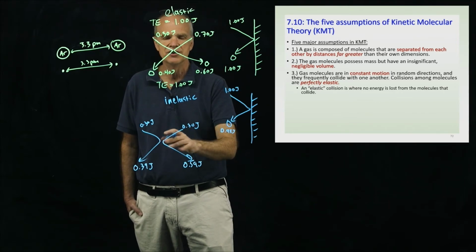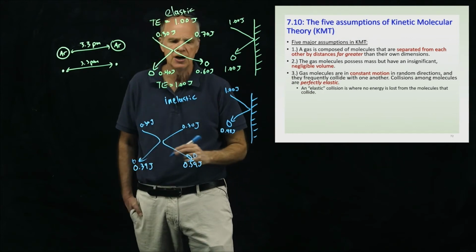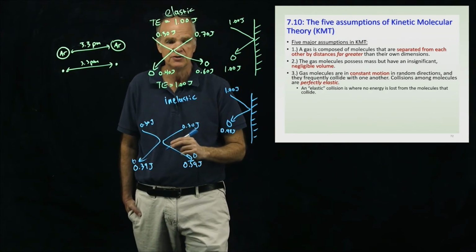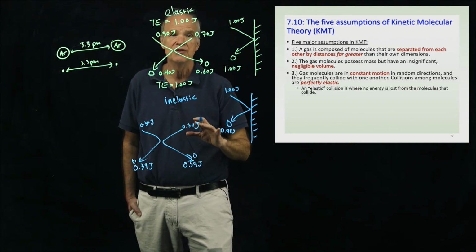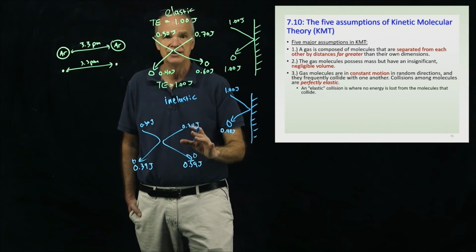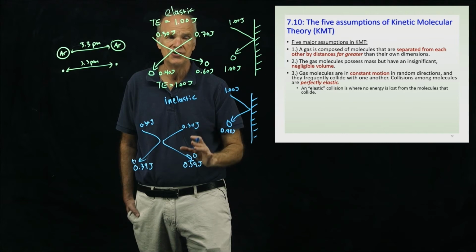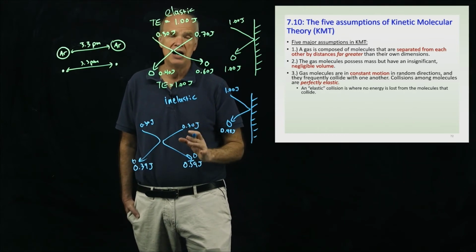So you might wonder, if these molecules are striking and they're losing a little bit of energy, where is this energy going? The energy is thought to maybe leave the velocity part of the molecule and then enter into other kinds of places in the molecule. For example, that energy may go into the bond of the molecule.